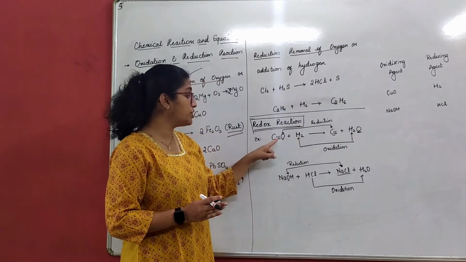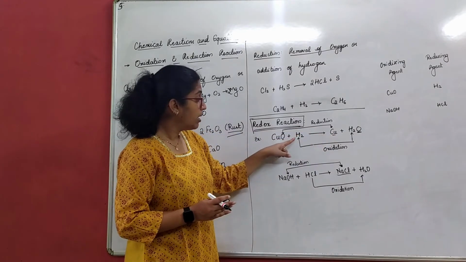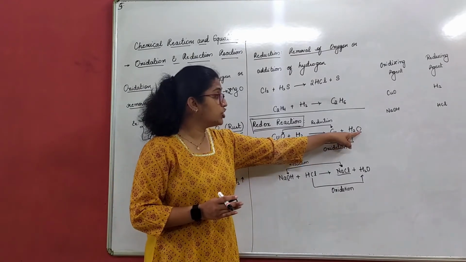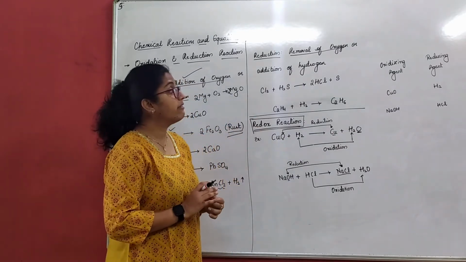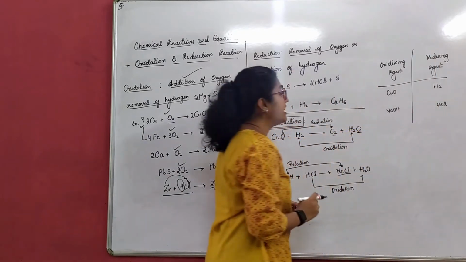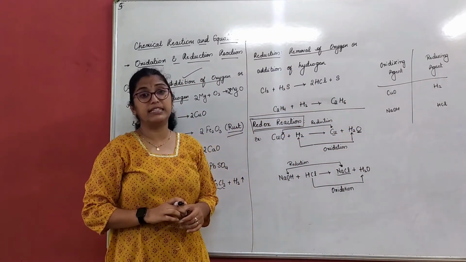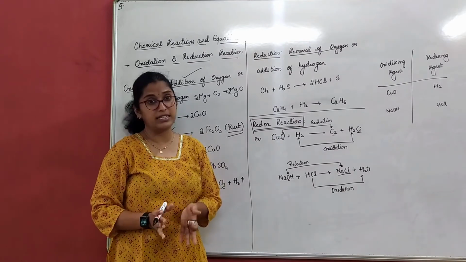Let me again come to the first one. Copper oxide is reduced to copper, correct? Oxygen is added to hydrogen, so we got water. Understood this much? Now let us see what is the reducing agent and oxidizing agent. What do you mean by oxidizing agent? An oxidizing agent is something which gives oxygen. As simple as that.